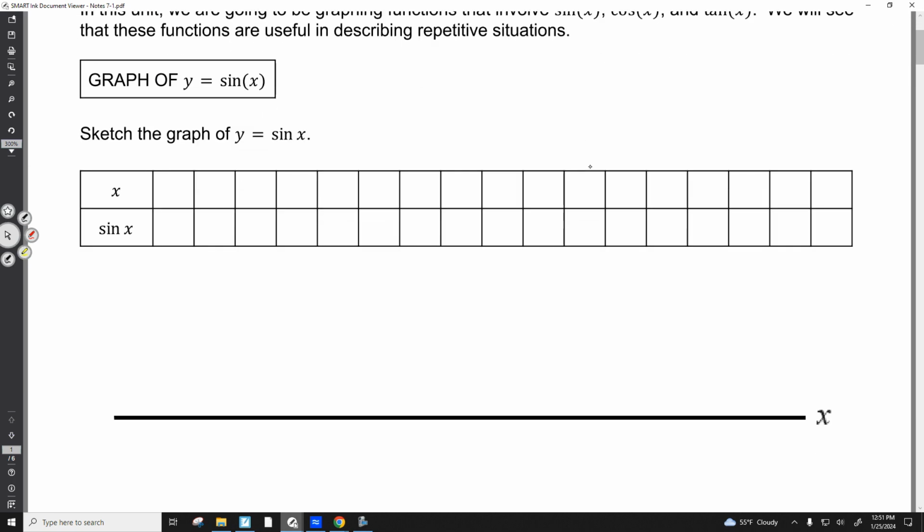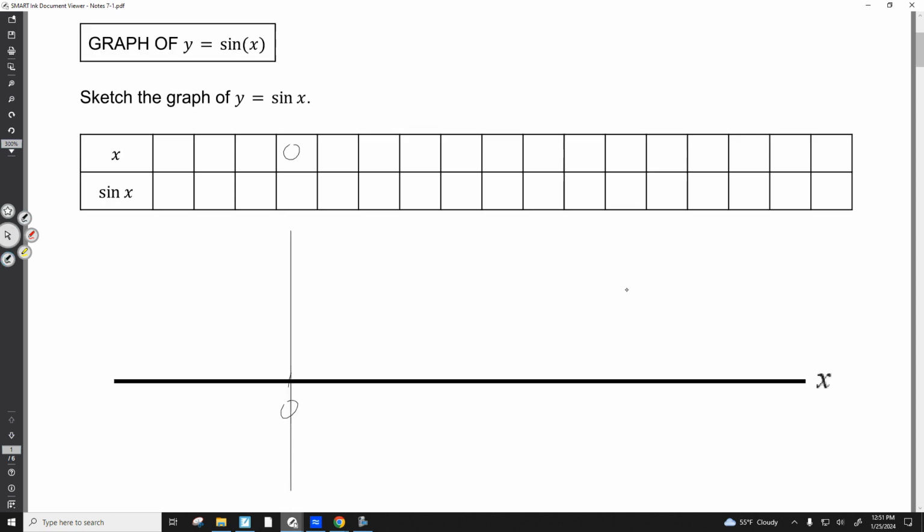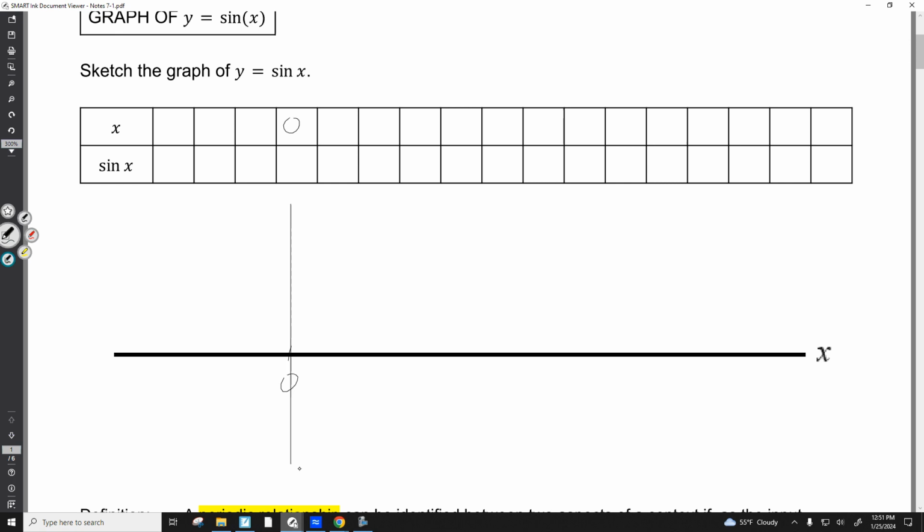We're going to start at 0, and I'm going to put 0 right here. I'm not giving you a y-axis, but you can draw a y-axis right here if you want to. I'm not going to label it with any numbers yet. Again, we would love to plug in whole numbers, but not with the trig function, because I don't know what the sine of 1 is.